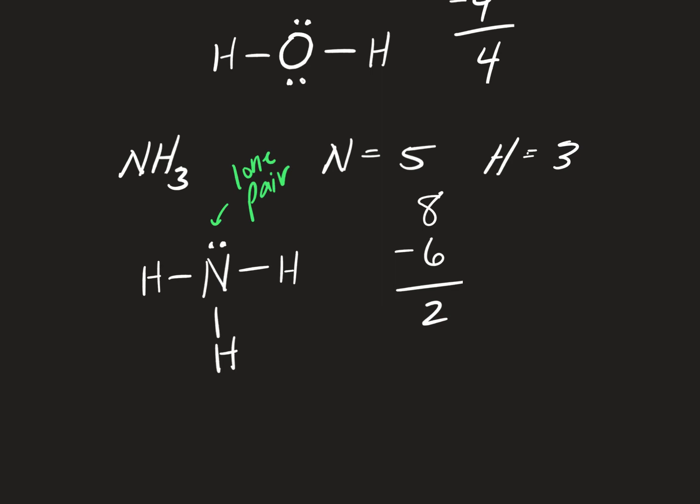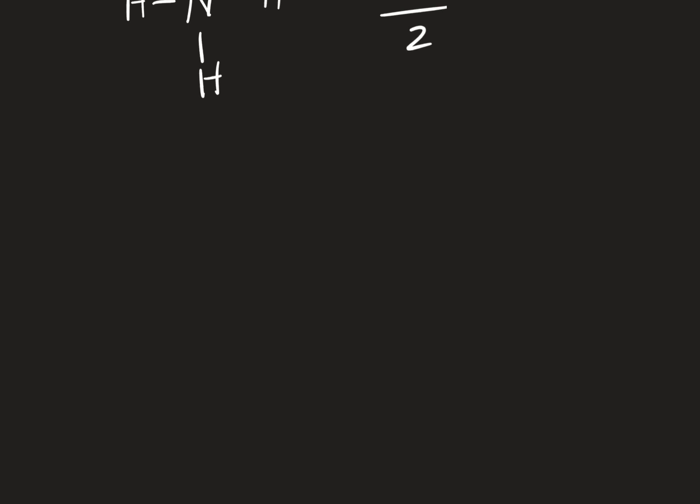Let's try one more. Let's try methane, CH4. All right, counting valence electrons. Valence electrons for carbon is 4, and each hydrogen has 1.